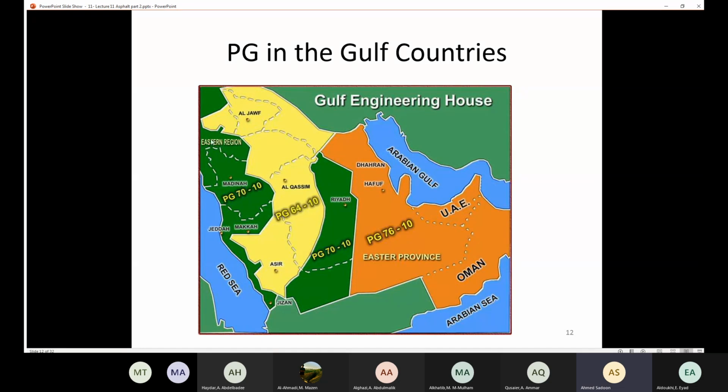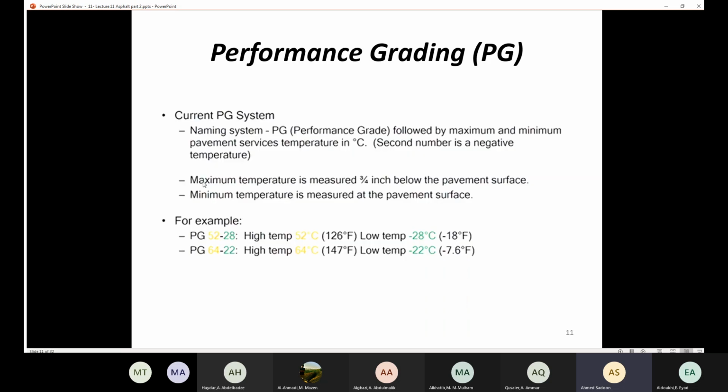So nowadays you are not going to measure the maximum and the lower temperature because you already have these maps, and through this map you are going to directly choose the suitable type of cement binder. So let's say that I don't know the maximum and the minimum temperature. Then I need to measure the maximum temperature at 3/4 inches and the minimum temperature at the pavement surface each year.